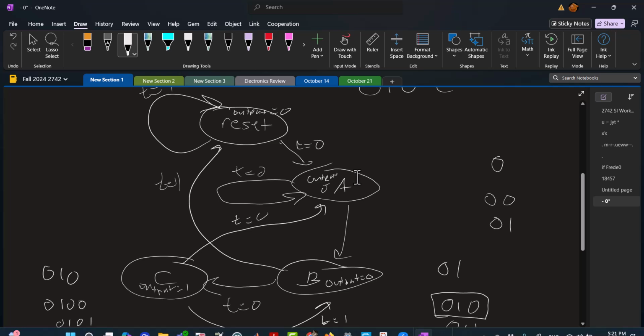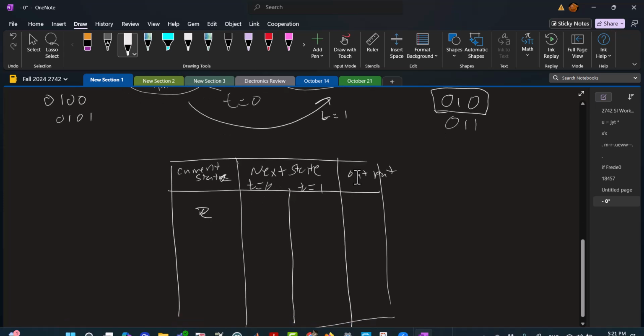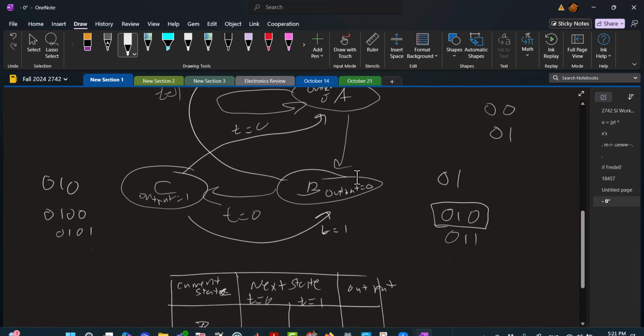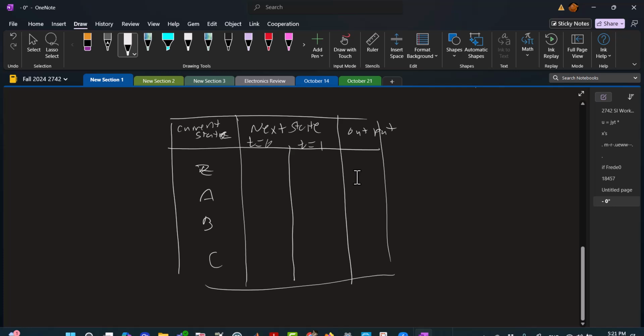Okay, I'll call the reset Z. So my reset state is Z, and the states are Z, A, B, C. So if I was at Z and I got a 0, I went to A. If I got a 1, I went back to Z and my output was 1.